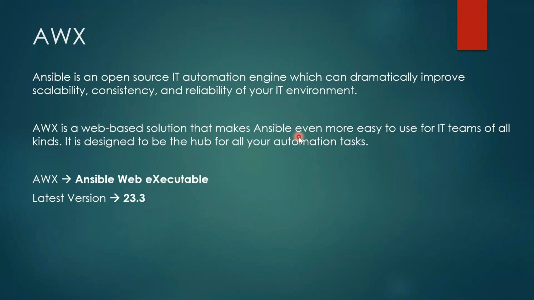Red Hat itself provided AWX, so you can manage your automation tasks. It looks like Ansible Tower. So the extension of AWX is Ansible Web Executable. Ansible Web Executable is what we are referring to as AWX. So the latest version is 23.3.